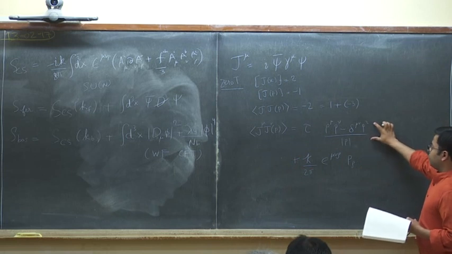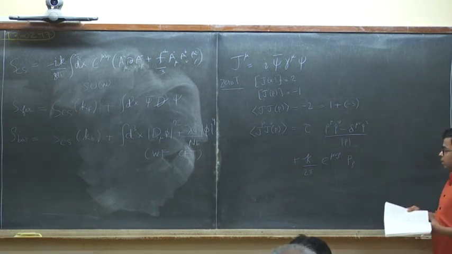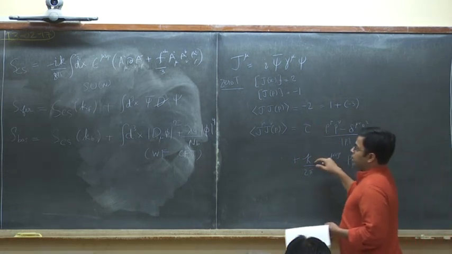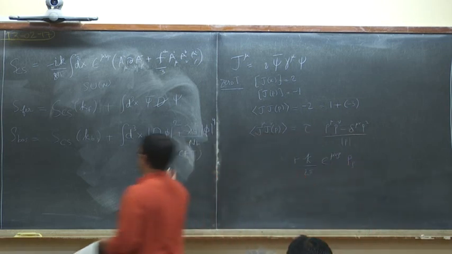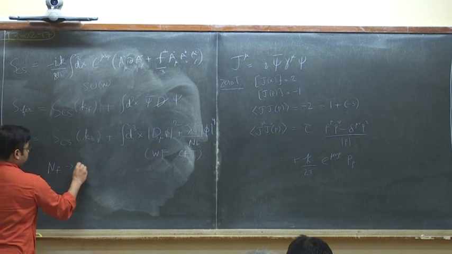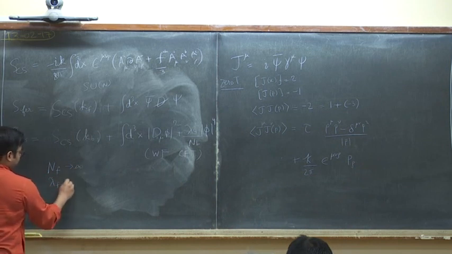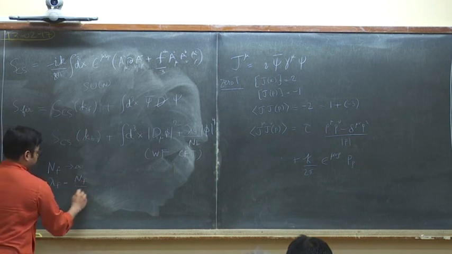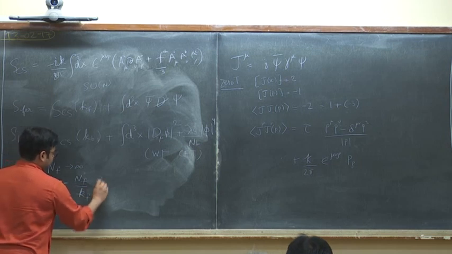So this is a parity even piece, this is a parity odd piece, and both tau and kappa can be functions of lambda. We'll always be working in the large N limit, N_F goes to infinity with lambda_F equals N_F over K_F fixed.